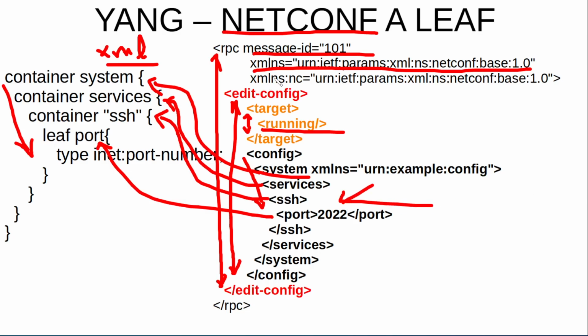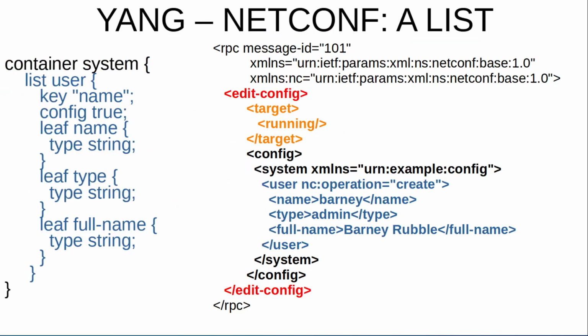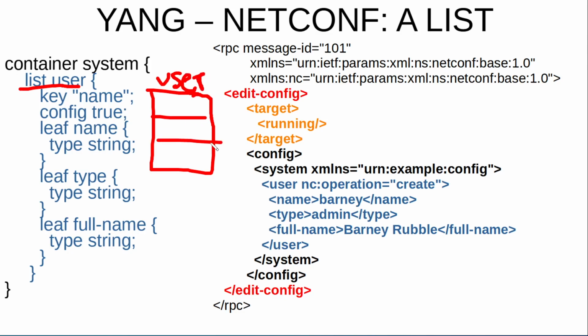So this is how you change a leaf, but how if you want to add an entry to a list? Remember that lists are like tables for a database. So in this case, this will be a table that will be named user, making an analogy, that has 3 fields: the name field, the type field, and the full name field.